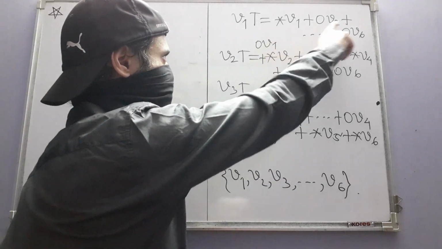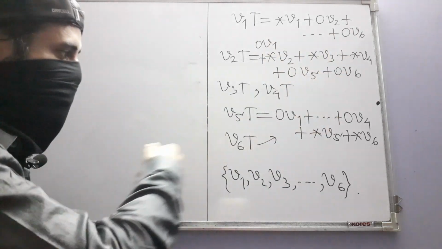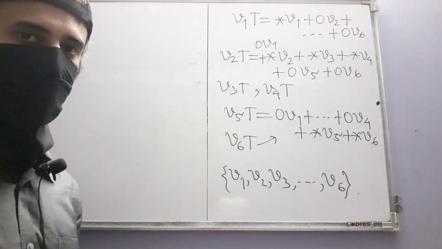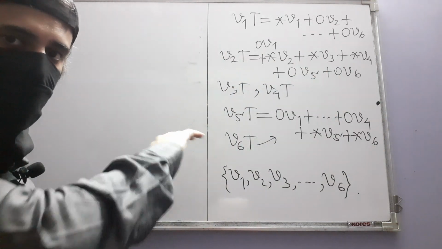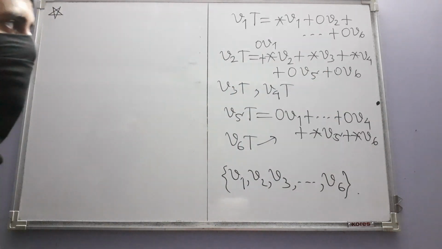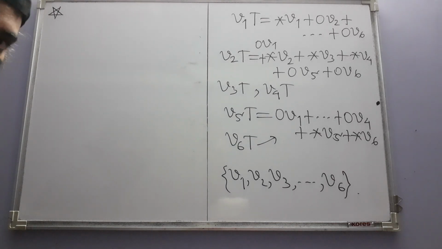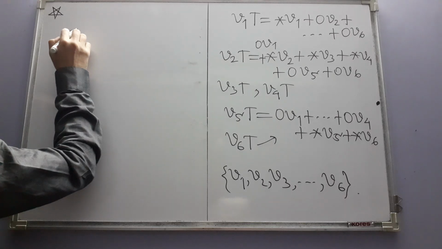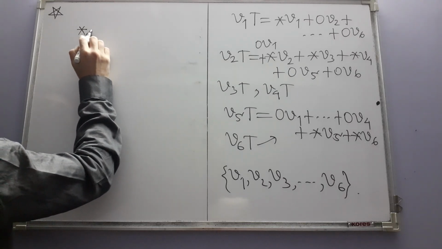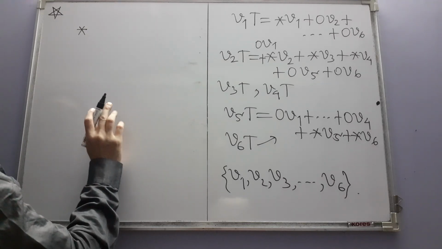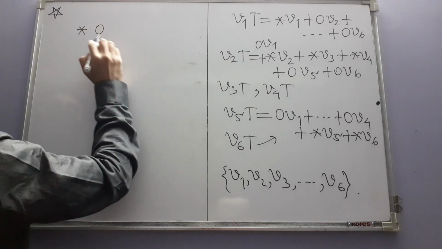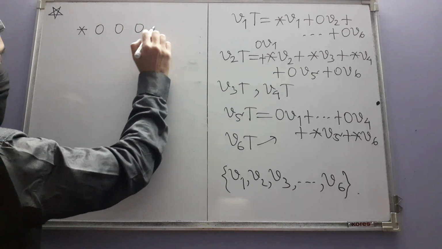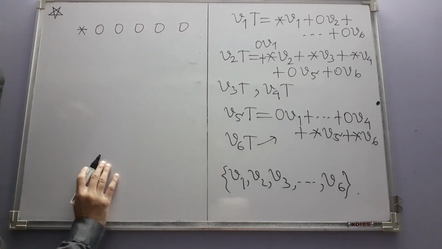You just take the coefficients and write them in the manner they appear in these equations. You do not have to make rows, columns, you don't have to do those things. So you just straight away start writing the coefficients. The first row is going to look like this. And this time I am going to write everything, okay. So 1, 2, 3, 4, 5, 6.